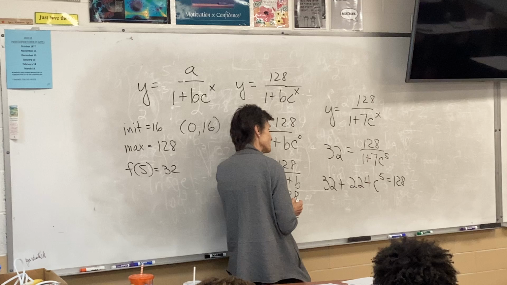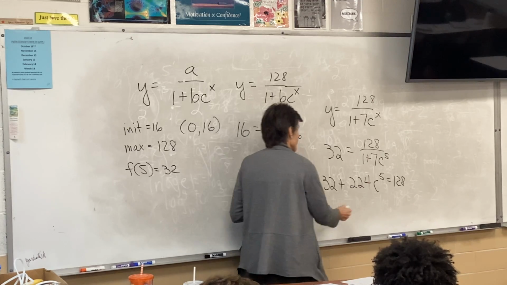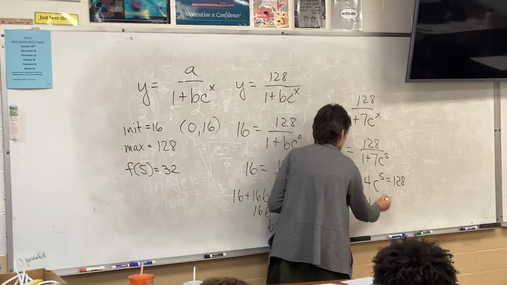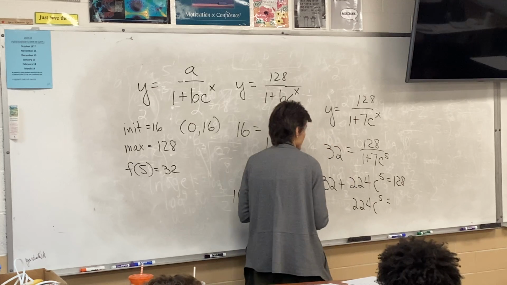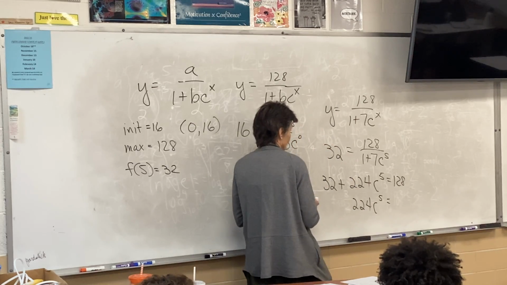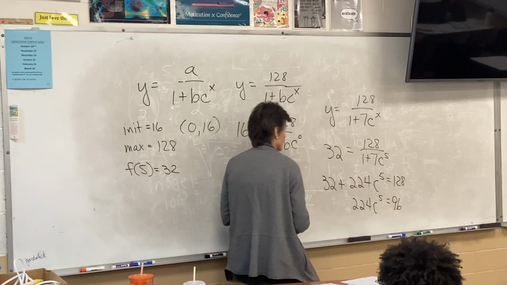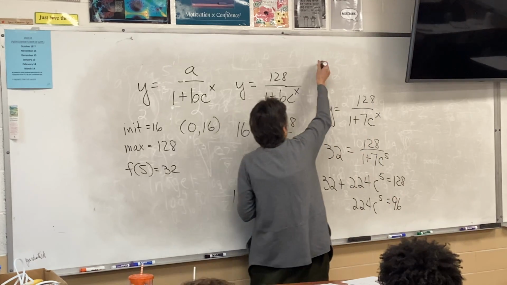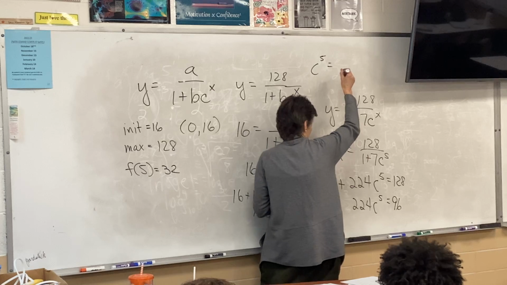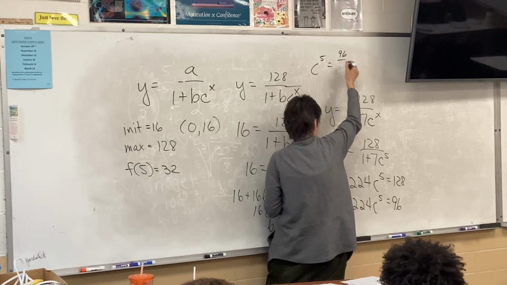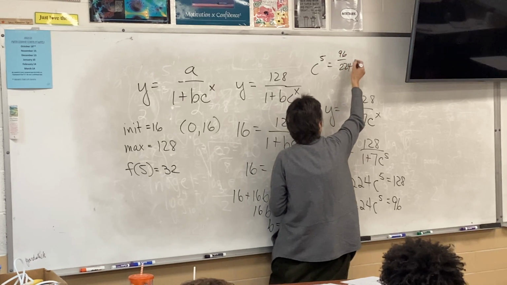Keep an eye on my arithmetic. So 224, c to the 5th equals, what is that, 96? So c to the fifth equals 96 over 224.